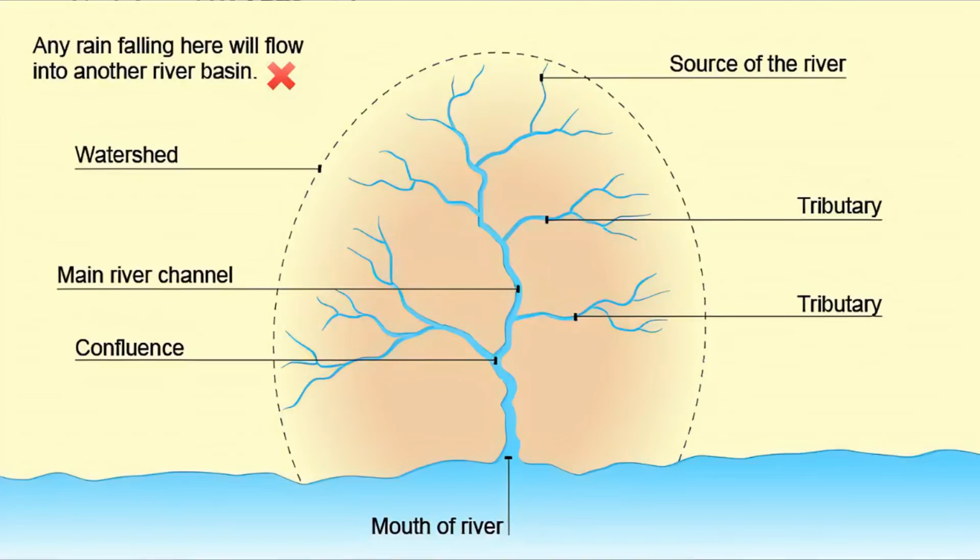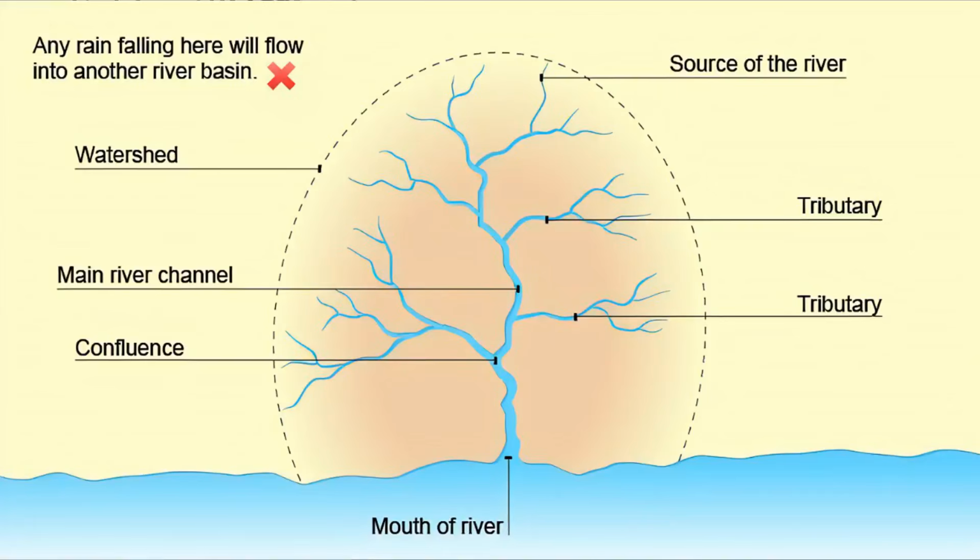Okay, the fourth important concept is a confluence. A confluence is where two or more bodies of water meet together, usually referring to the joining of tributaries. I can say it's a point whereby the flow of water from a tributary meets the flow of water in a main river.